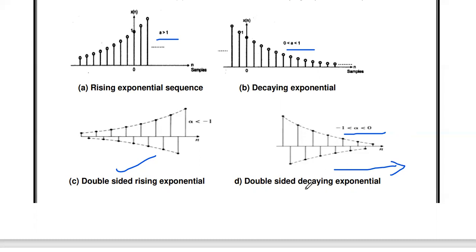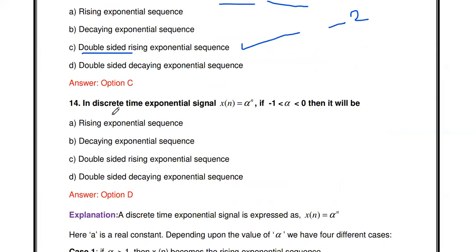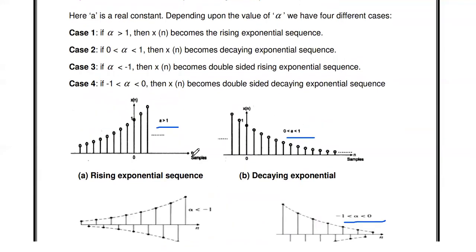This is the double-sided decaying exponential. So in discrete time exponential, if alpha is between -1 and 0, we get a double-sided decaying exponential signal. So depending upon the value of alpha, we get 4 types of exponential signals.